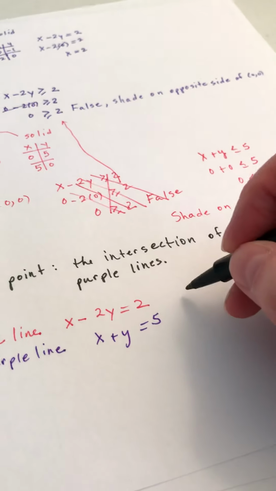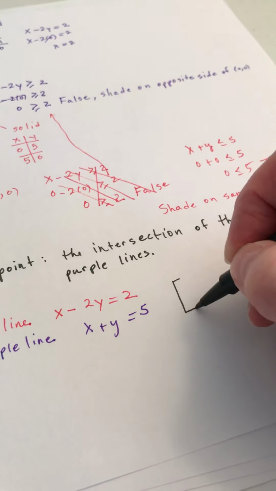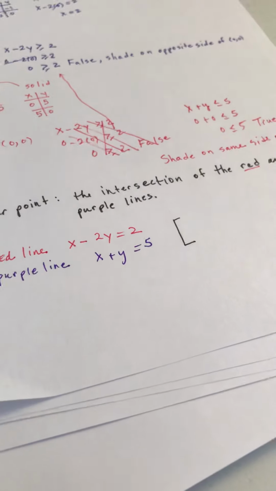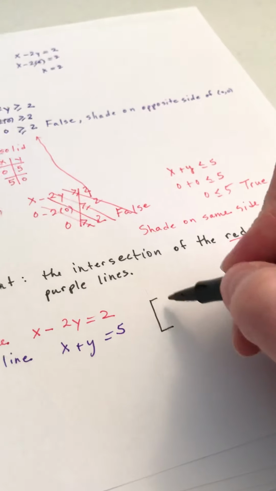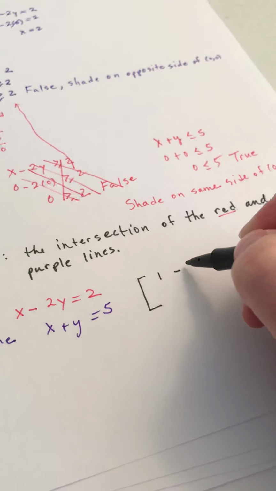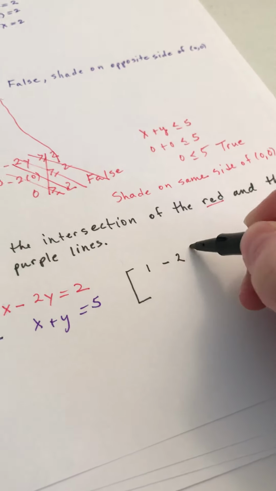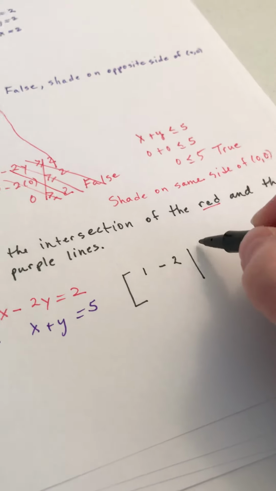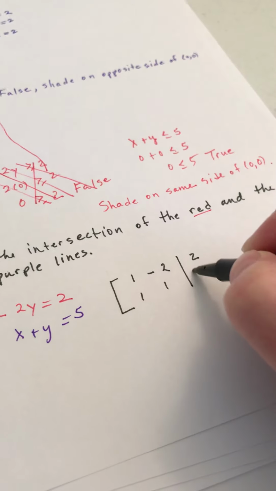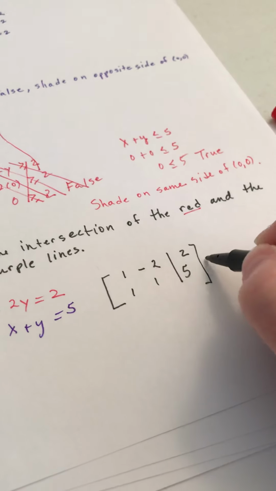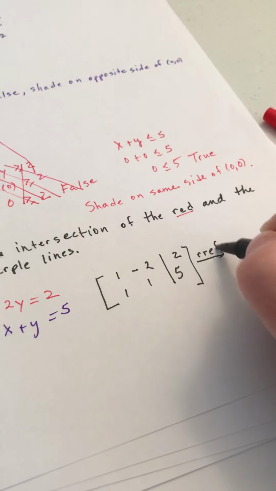So what we're going to do is find the intersection of the 2 lines by using a matrix. So 1, negative 2, 2, 1, 1, 5. Go put that in your calculator in the matrix. We're going to do RREF.